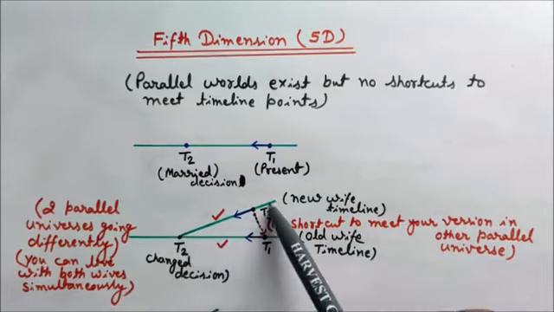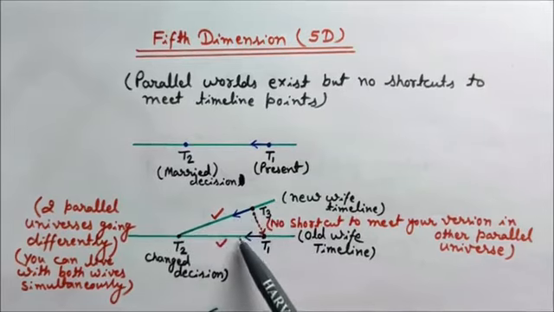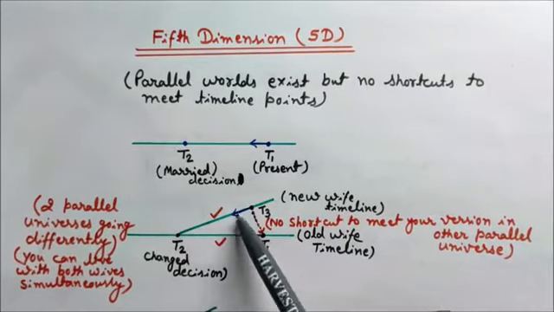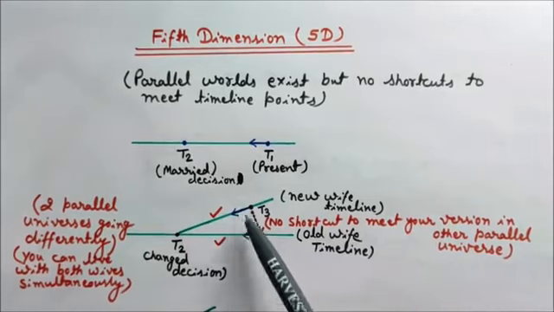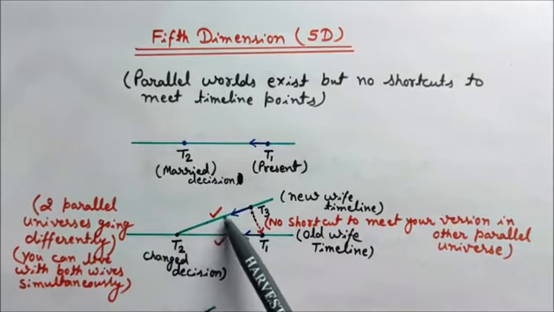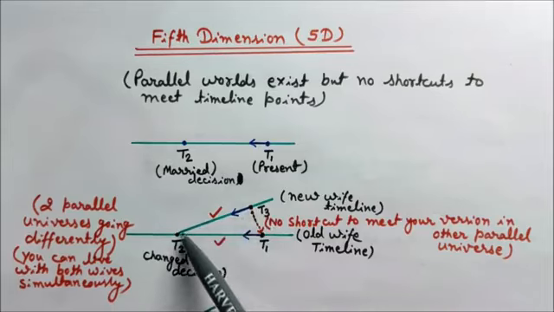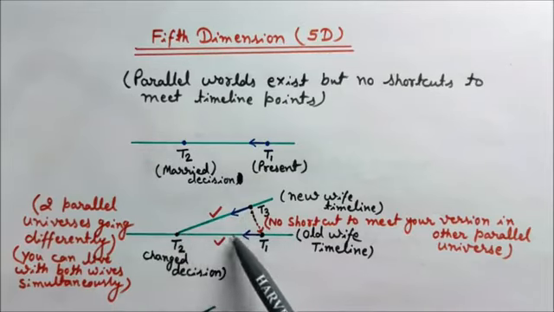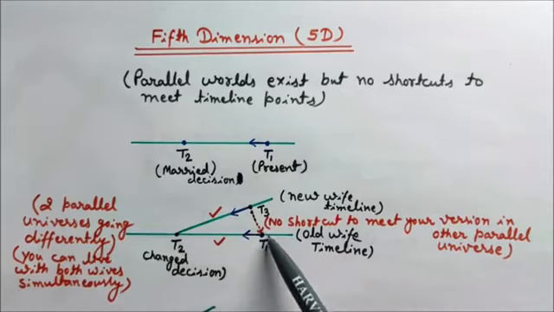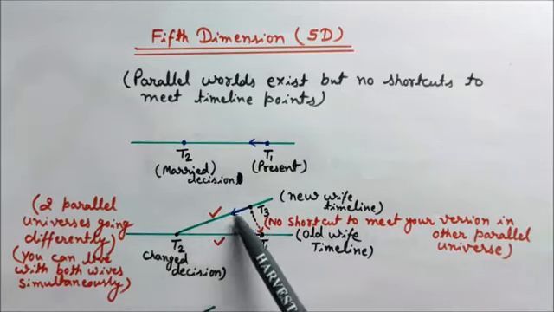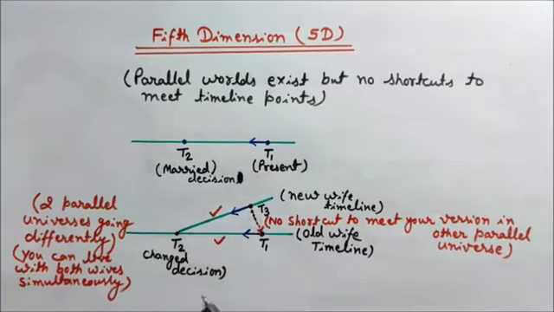So this is another timeline. But the main difference is that here we can have both worlds. We can have parallel worlds where in one world we are living with our new wife, and in the old world, or another parallel universe, we are living with our old wife. Okay, this is the old timeline, and this is the new wife timeline. So two parallel universes going differently, and we can live with both wives at the same time.